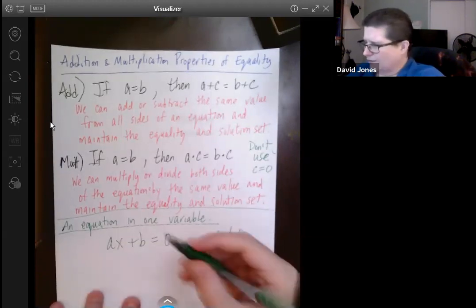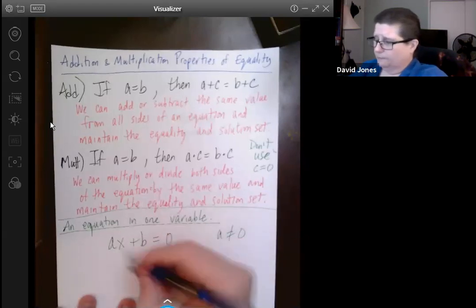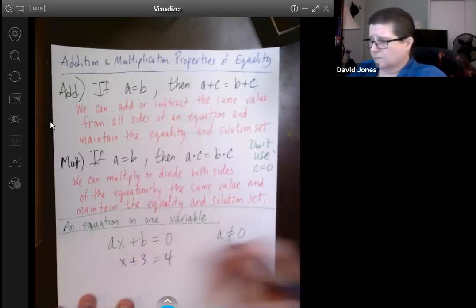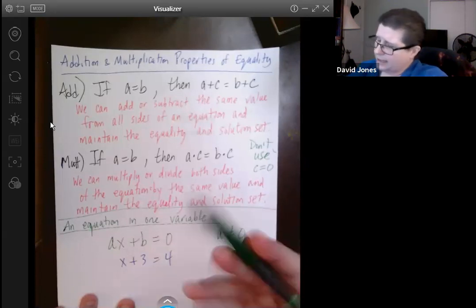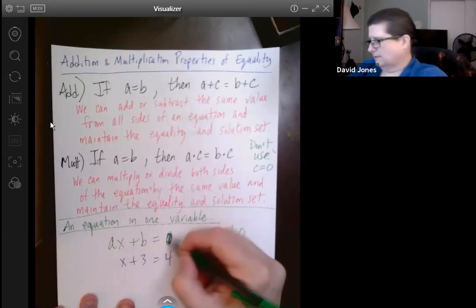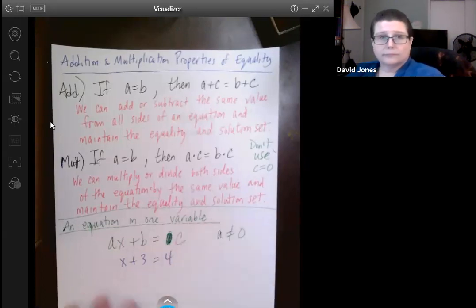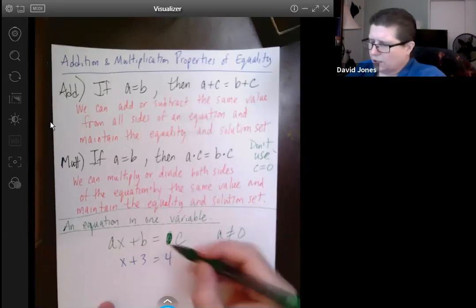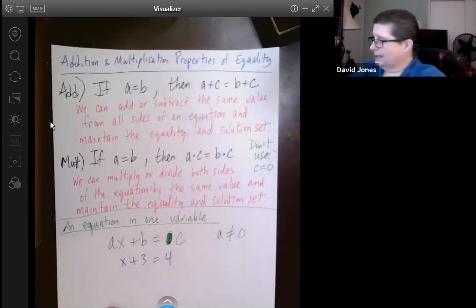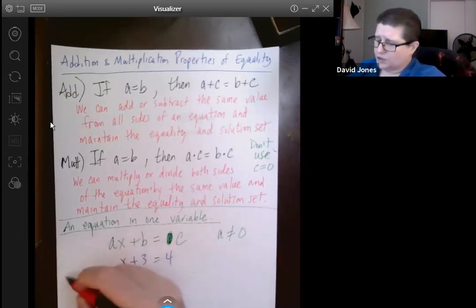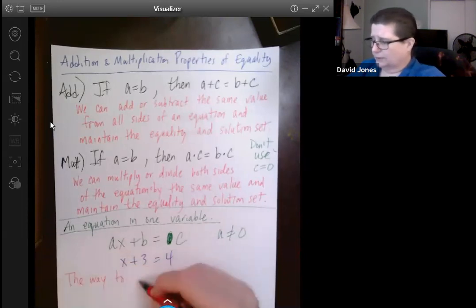The example I gave earlier, x plus 3 equals 4. Maybe I should write this as ax plus b equals c. We can always end up writing it as ax plus b equals 0, but the idea here is the goal, or the way to solve an equation, is to isolate the variable.